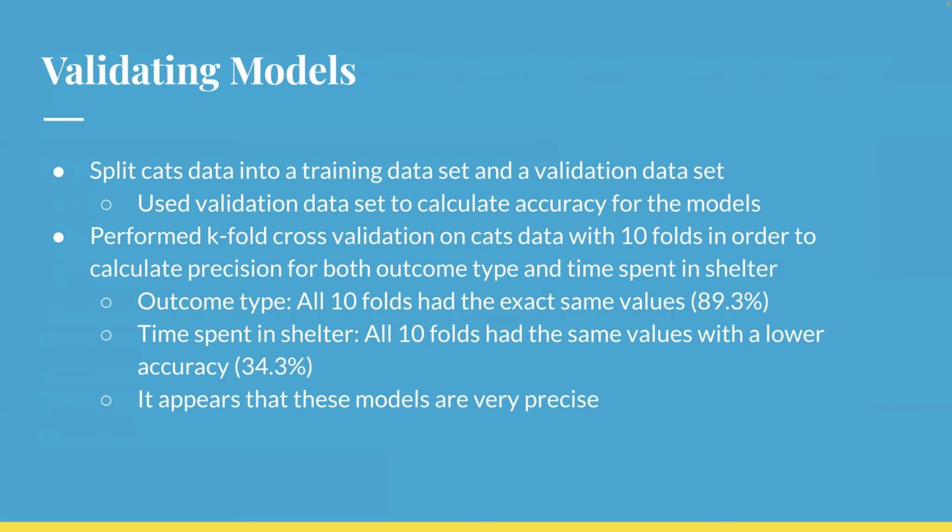Then I did a k-fold cross validation on the cats data with 10 folds to calculate precision for outcome type and time spent in shelter. And it appears that these models are very precise. All of the 10 folds had the same values for both. So that was pretty cool to see the precision coming out high.